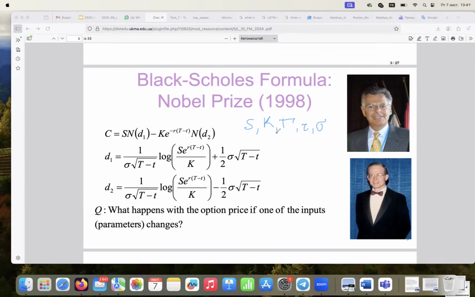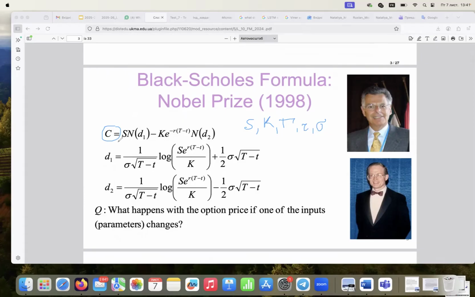Okay, and the question is, what happens with the option price if one of the input parameters changes? For example, S changes by 1, or K changes by 1, or T, or R, or sigma.